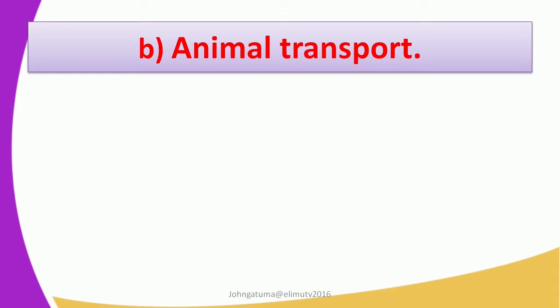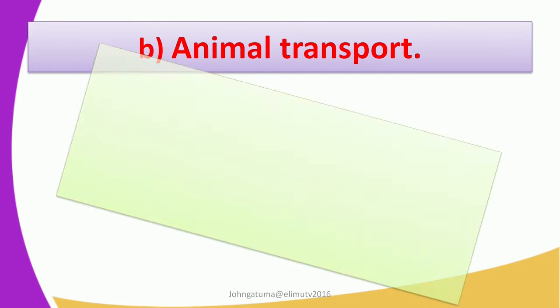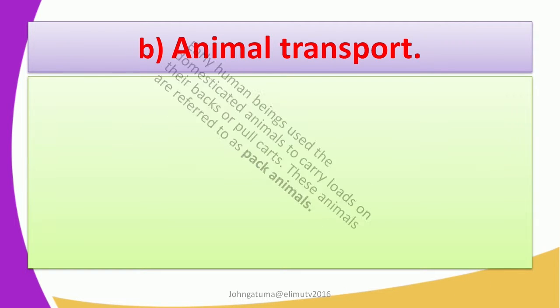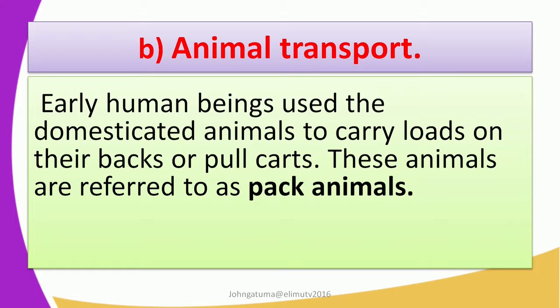Animal transport. Have you ever asked yourself what is animal transport? As the name suggests, it comes from the word animal, and this is where animals were used as a means of transport to carry goods. This is the time when domesticated animals were used to carry goods. Early human beings used domesticated animals to carry loads on their backs or pull carts.